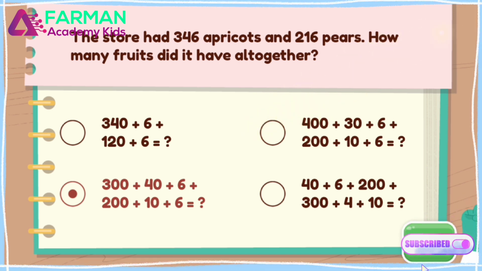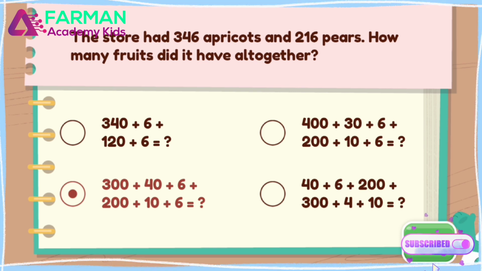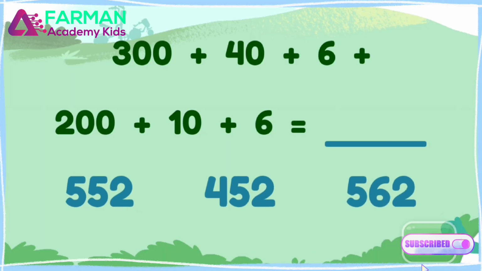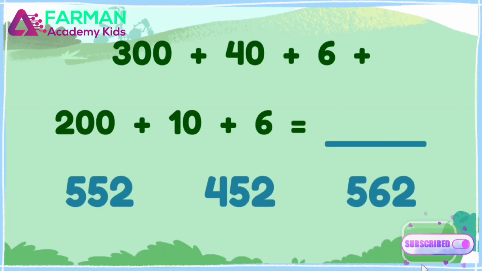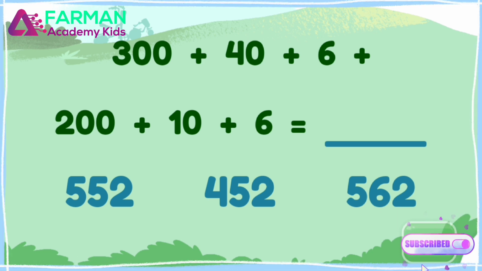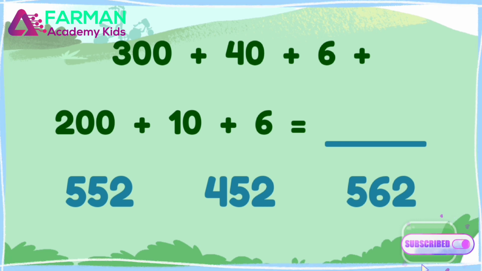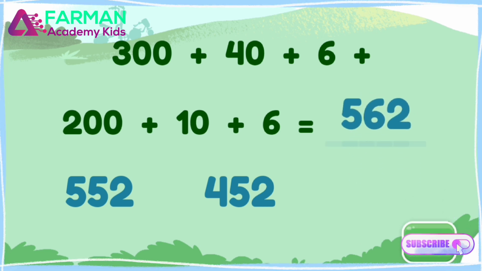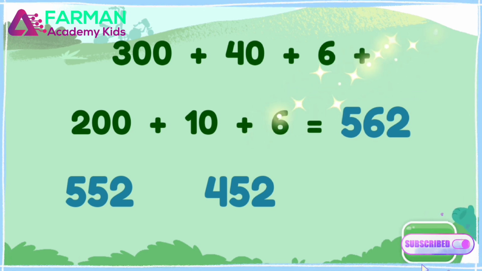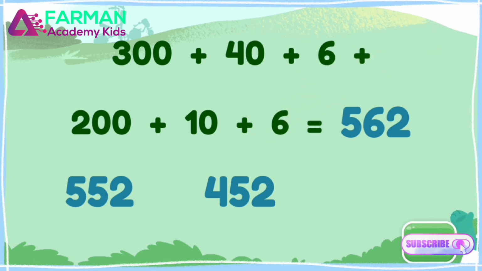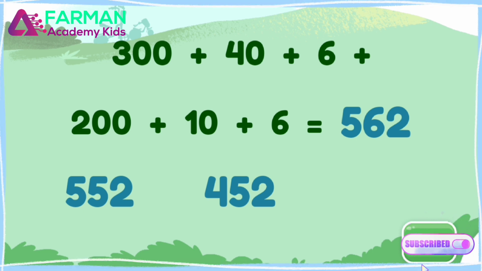Nice work! Now let's solve the problem. Drag the number to the blank to solve the equation. Cool beans! You solved the equation with expanded form. There were 562 fruits total.